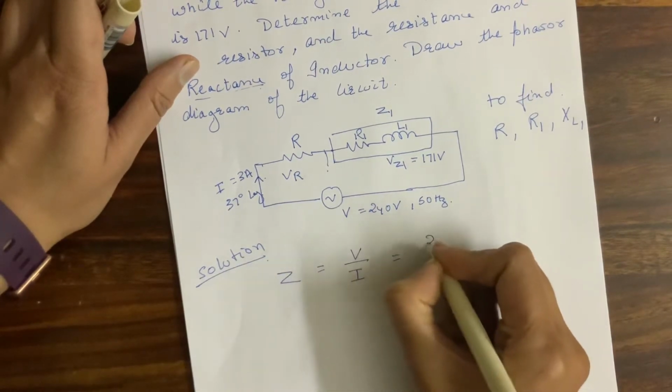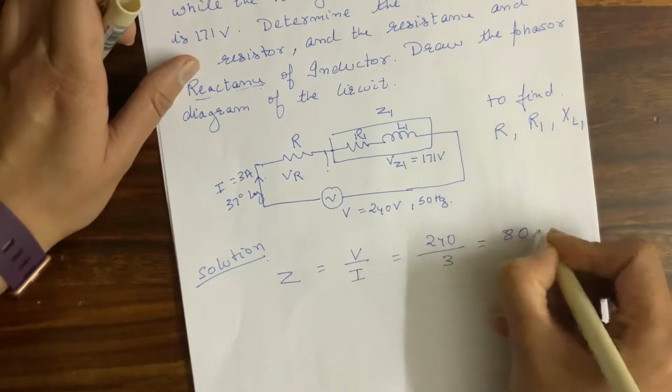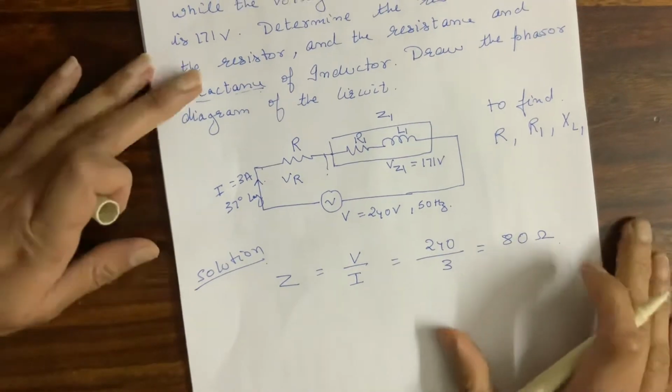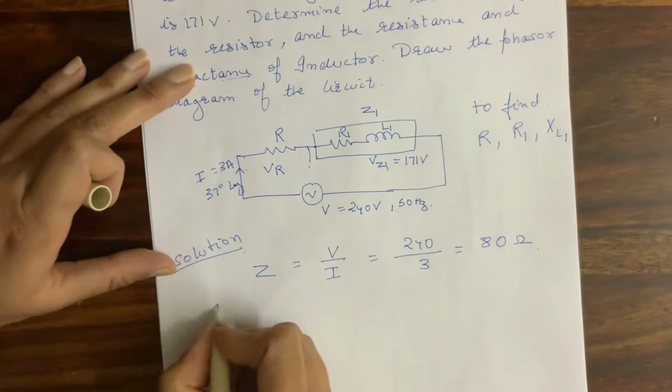Hence our total impedance will be 240 upon 3 ampere, which is 80 ohms. Now let's draw the impedance triangle.